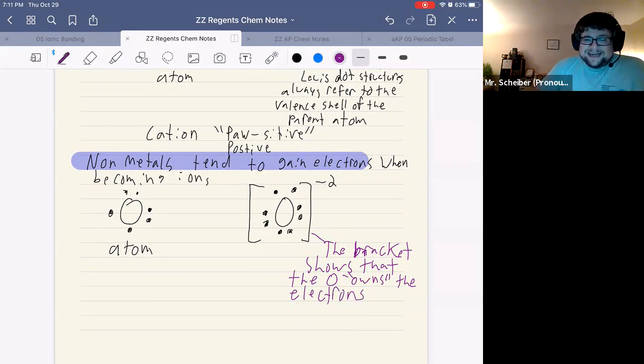We don't really need that now, but we will need it when we start talking about chemical formulas in a little bit. Okay? And finally, we have a very special name for negative ions. Negative ions are called anions. And I remember that as an negative ion. Anion. It's a negative ion.